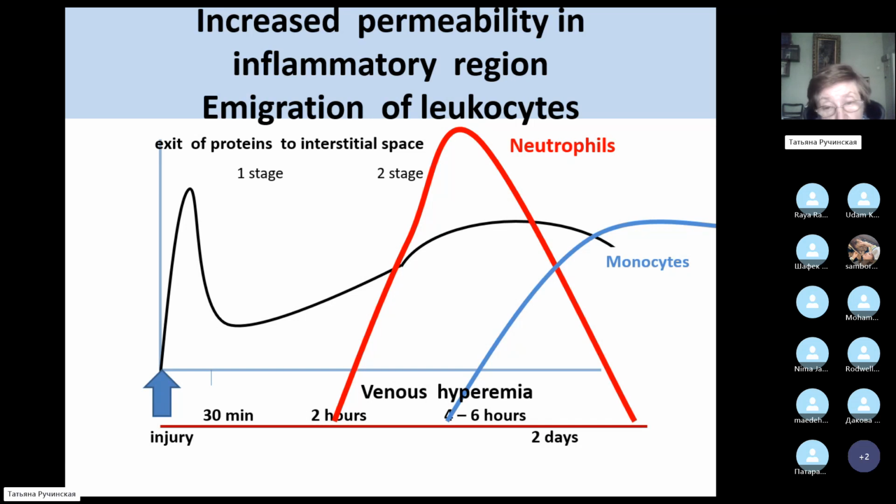Why? Because remnants of neutrophils and dead neutrophils are chemoattractants for monocytes. And the number of monocytes in the zone of inflammation increases to 10 times higher than their concentration in the blood of a healthy person.